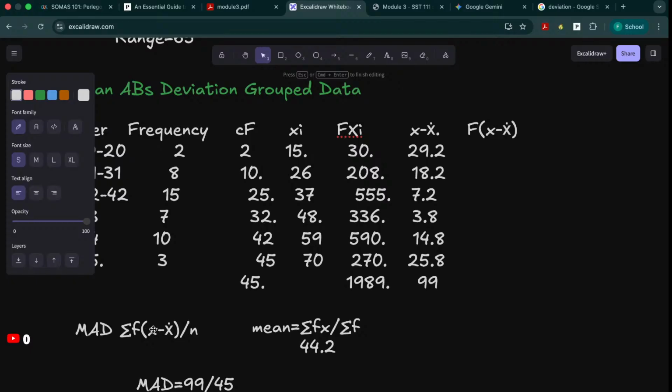I wrote the formula correctly, but the math didn't work out. So let's continue.